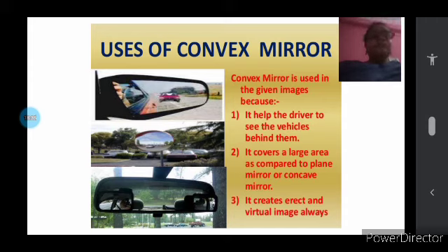That is why convex mirrors are used as rear view mirrors in vehicles, and also, as we discussed, in departmental stores and supermarkets to keep an eye on shoplifters. They are used because they always form virtual, erect images, and also they can cover a larger area. So these are the uses of convex mirrors, and why they are used has also been explained.